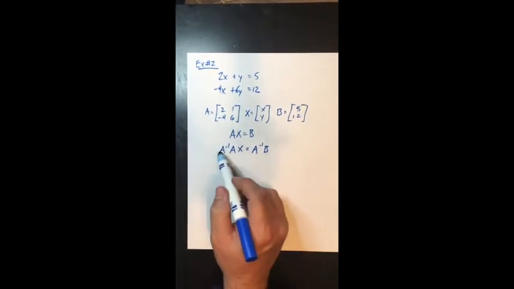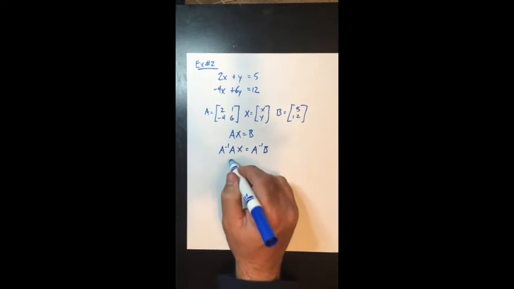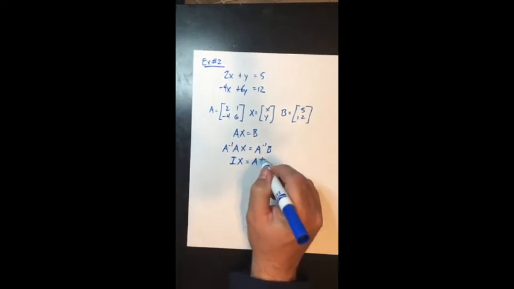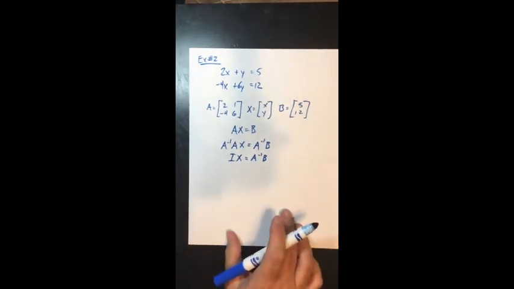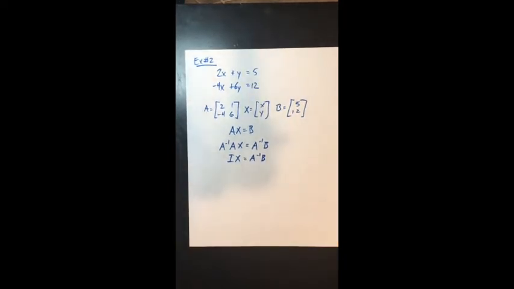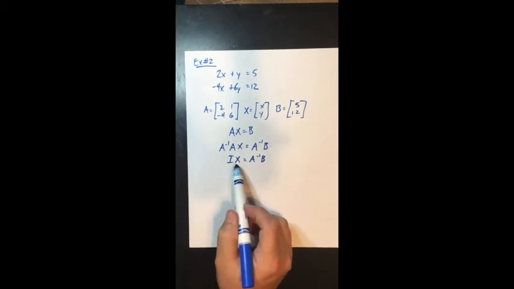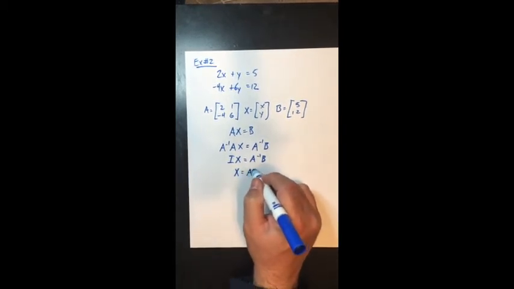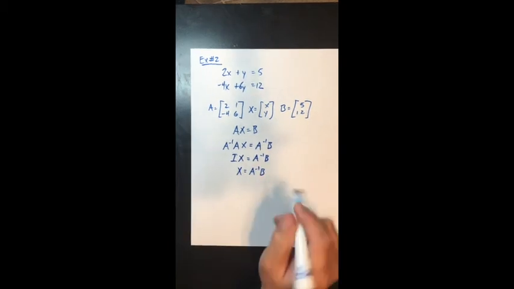So now, we know that A inverse times A is going to be the identity matrix. And we also know from our discussion earlier that anything times the identity matrix is just going to be itself. So this equals X equals A inverse B.